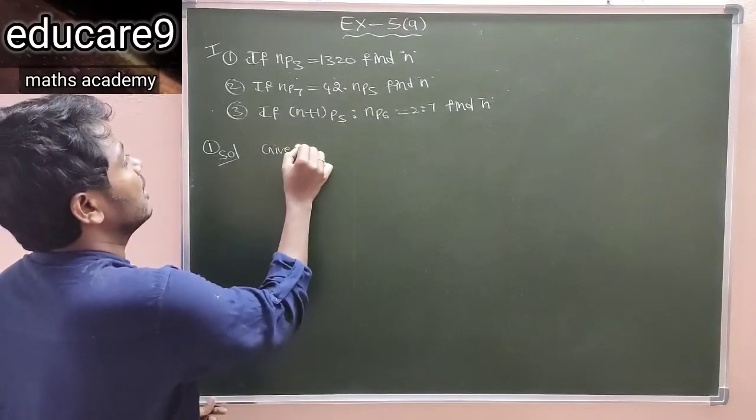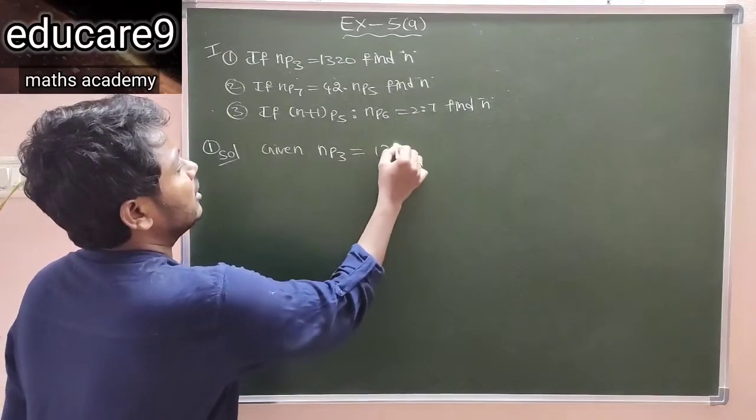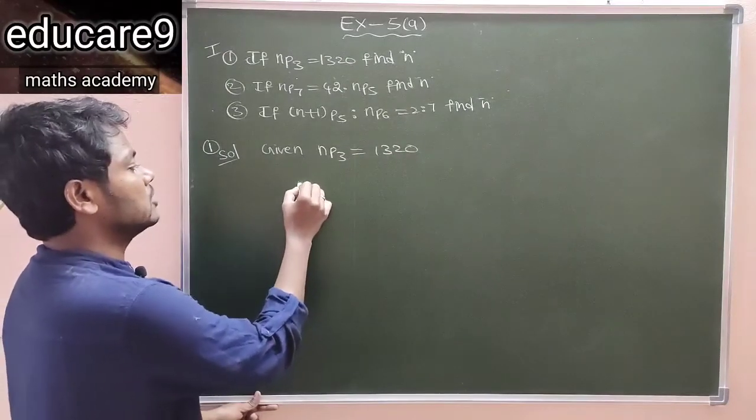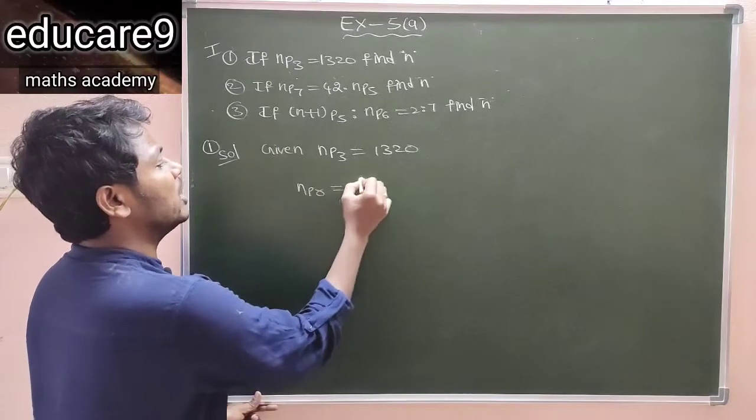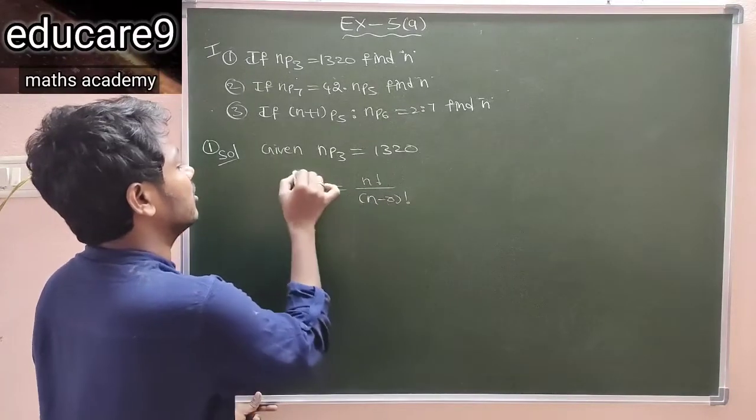Given nP3 is equal to 1320. Here we know that the nPr formula is n factorial by (n minus r) factorial.